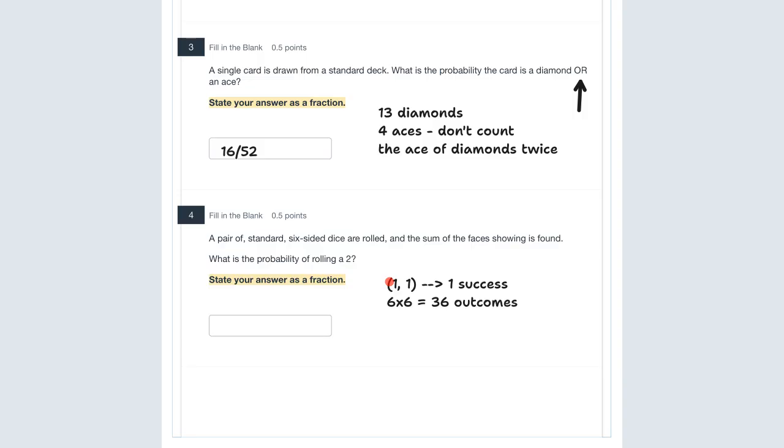So the probability of getting a 2 is 1 out of 36. Only one way to get 2, that's a 1 on each die. State your answer as a fraction, 1 out of 36.